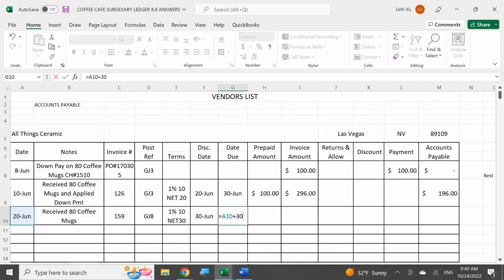So 20 plus 30 days. Okay, now I know it's gonna be July. It is July, but the date's not right. It's not 30 days after the discount due date.